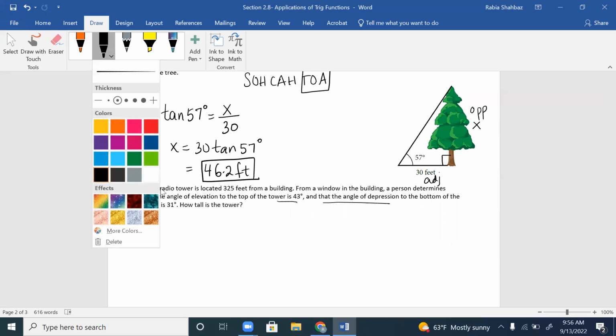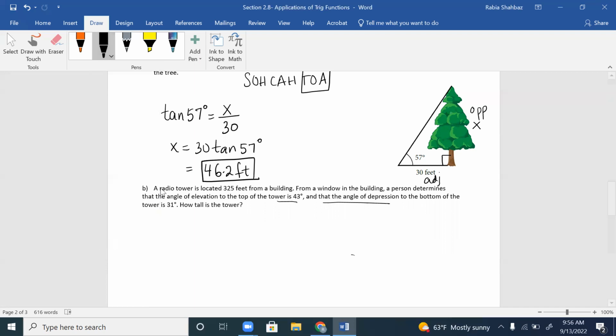So what I'm going to do here is, you're already standing on a building, and the building also has a height. And then there is a radio tower, which is taller than the building. You are looking up at the top, and you're also looking down at the bottom of the tower.